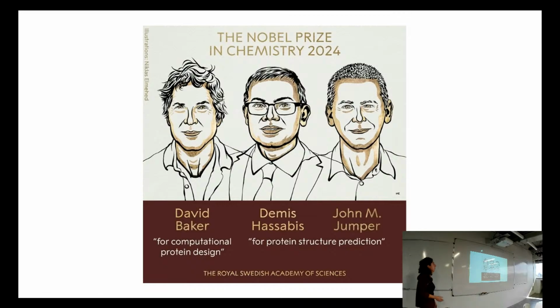Okay, I told you that there was this Nobel Prize in Chemistry last year. There are three guys. One is David Baker, a very famous guy who has been working with machine learning for a long time, and is particularly focused on protein design, which is exactly the thing that I just showed you with the very interesting protein.